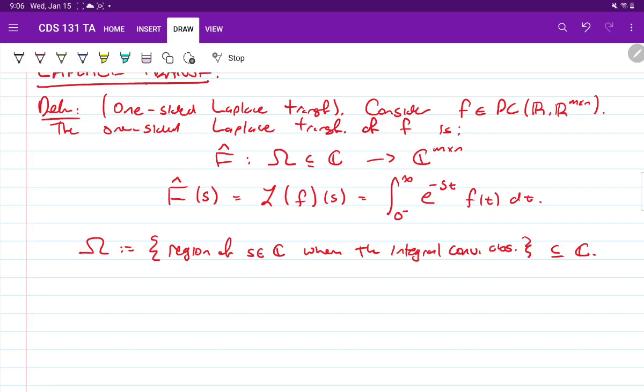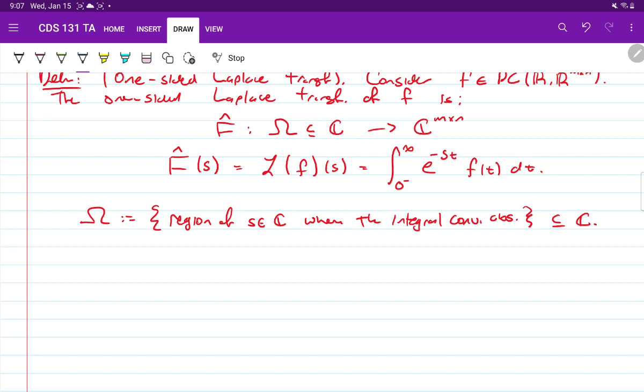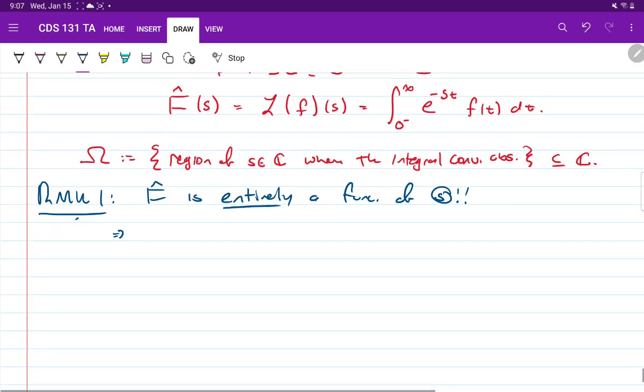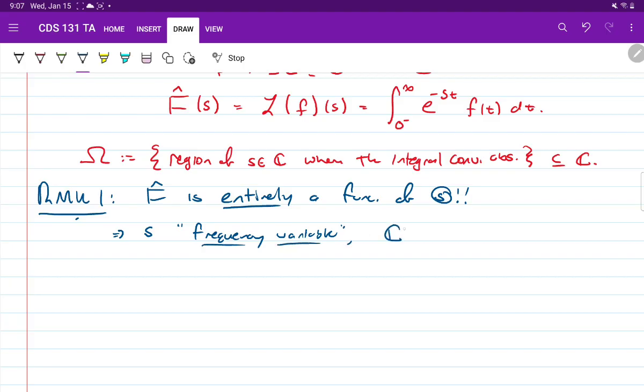Okay, so what's going on here? I have a couple of different remarks that I want to make. Remark one is that f hat is entirely a function of s. T is gone once we did this; we completely integrated out t. So we'll often refer to s as the frequency variable, and we will refer to C as the frequency domain.